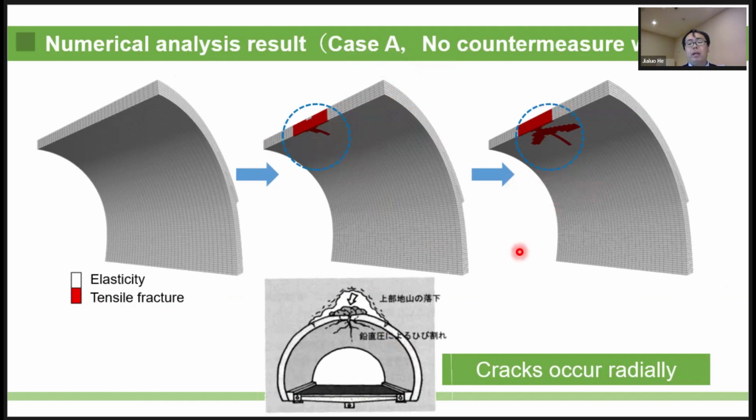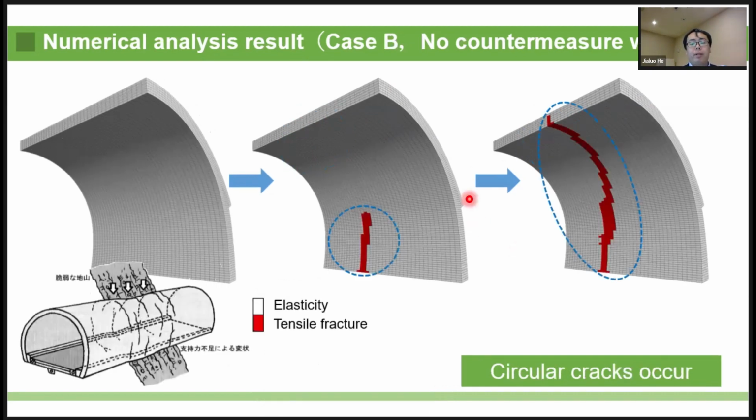From this figure, it can be seen that the crack propagation due to vertical load can be simulated. Next, the analysis results of case B without carbon fiber sheet reinforcement. In case B, the vertical horizontal load causes a slice-shaped tensile region.